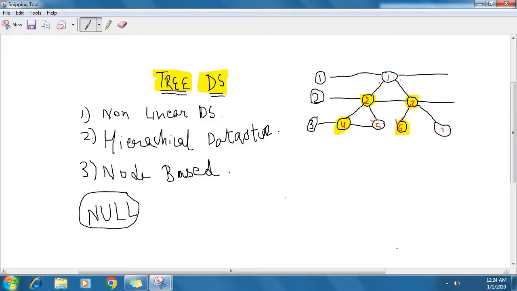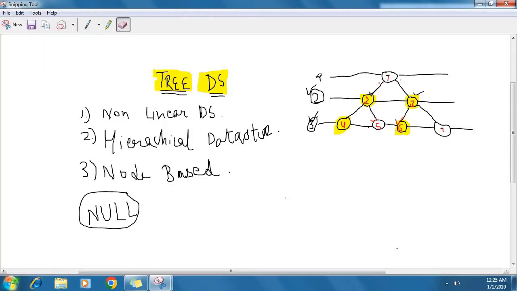I hope you understand these concepts. If I talk about the nodes present at level 1, only this node is present. At level 2, 2 and 3 will be present. At level 3, 4, 5, 6 and 7 will be present here. So this is the concept of a level.